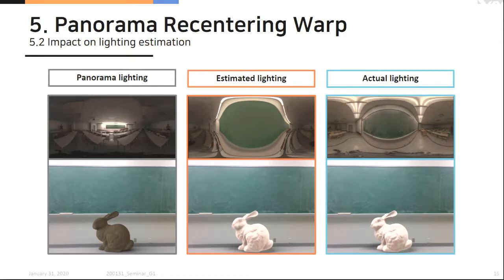At the center of the panorama it's so dark, but you place the bunny at the really bright area on top of the desk, so it should be brighter. But if you use that environment map, the computer is stupid, so it renders the object with dark lighting conditions.